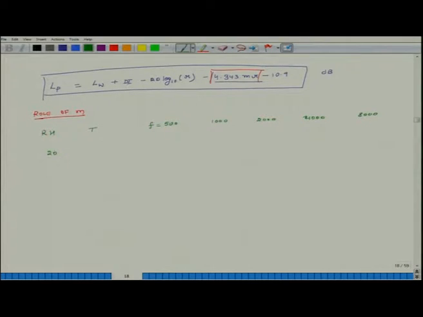The first case is relative humidity of 20%, and we will see two values, 10 degrees centigrade and 30 degrees centigrade. Here M is in kilometer inverse, 1 by kilometer, that is the unit.